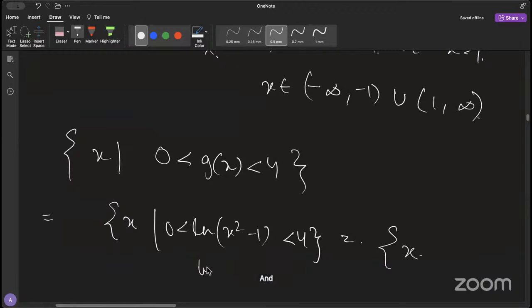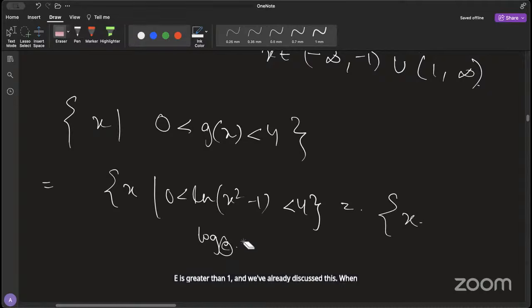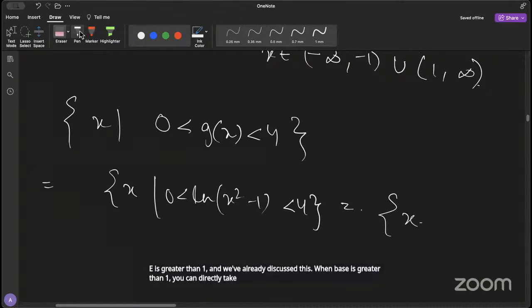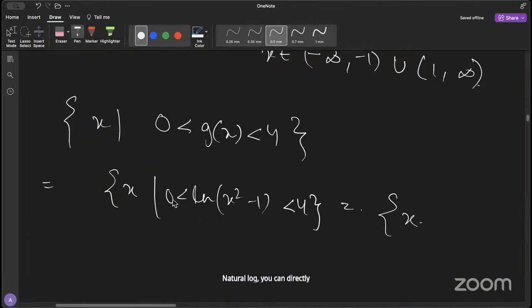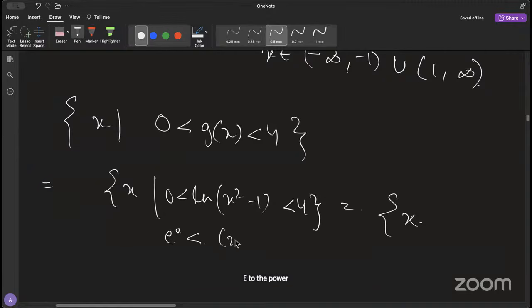And because this is log base e, which is greater than 1, and we've already discussed this, when the base is greater than 1, you can directly raise these to the power. So this will become e to the power 0, and this will become e to the power natural log of x square minus 1, and this will be e to the power 4, right?